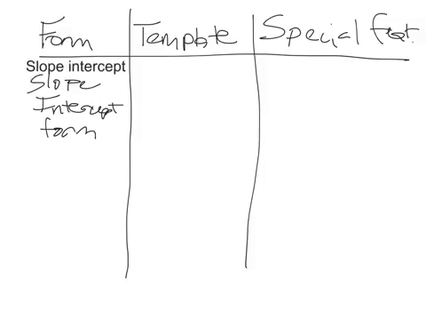Okay, so now I'm going to show you what the equation for it is. The equation for slope-intercept form is y equals mx plus b. Oops, that's a y. Anyhow, I'll fix that in a second.